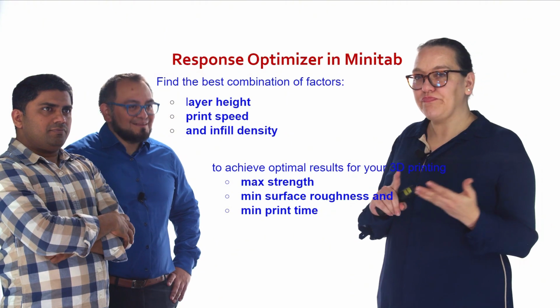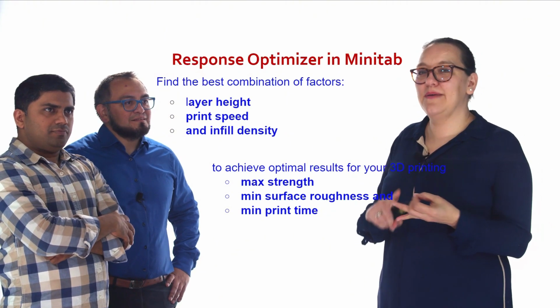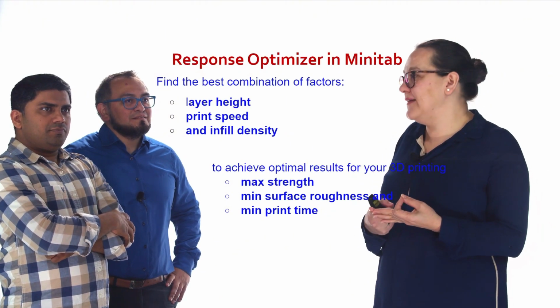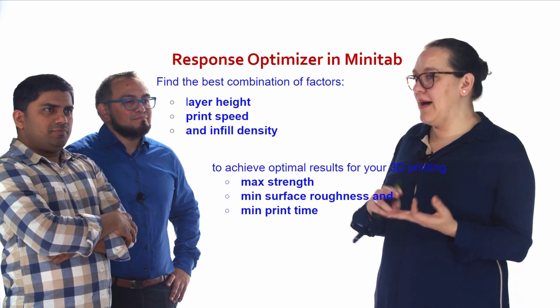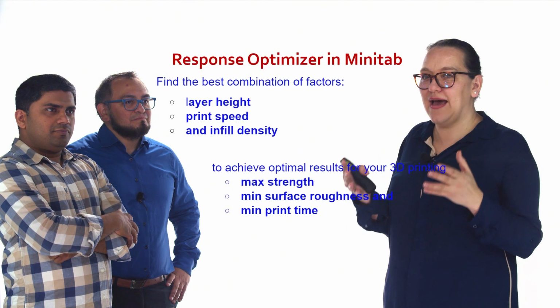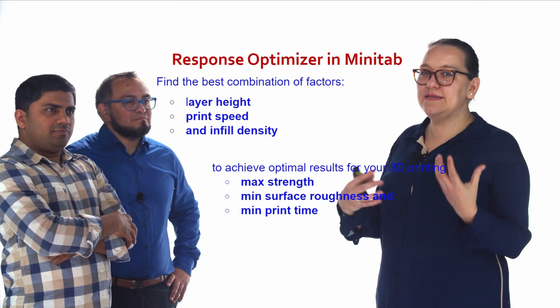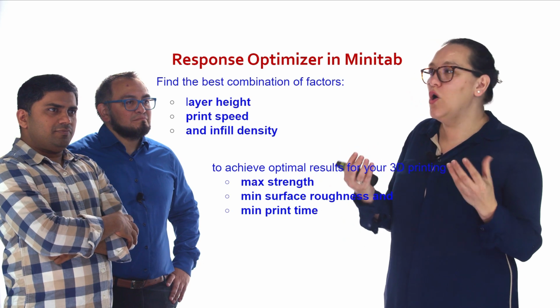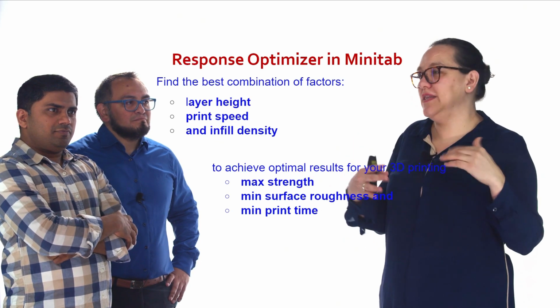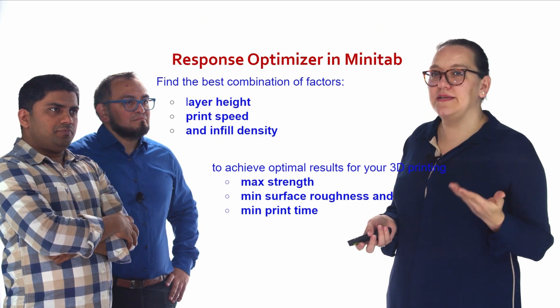We can go through the response optimizer and identify the optimal settings for this 3D printing process. We have three variables: layer height, print speed, and infill density. We saw which of these really affect your three responses. But with that analysis, we just got an insight into what affects the response, and we didn't know the values that will help you minimize or maximize it.